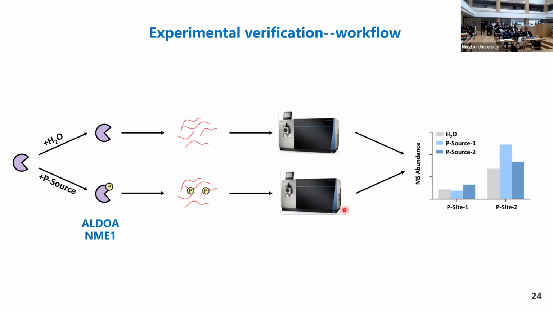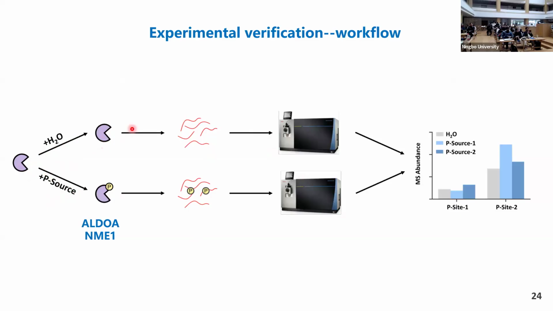So the most important question is how to prove it, and I'm going to show you a mass spec-based technology to see if this is possible, okay? For the protein, there are two groups: the control group, the protein incubated with the water vehicle, and another incubated with a phosphate source, maybe ADP, maybe its substrate, 1,6-biphosphate sugar.